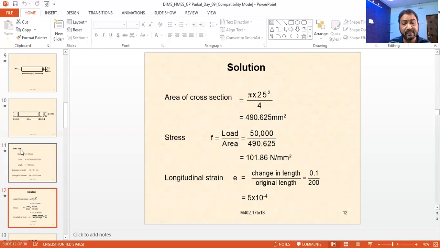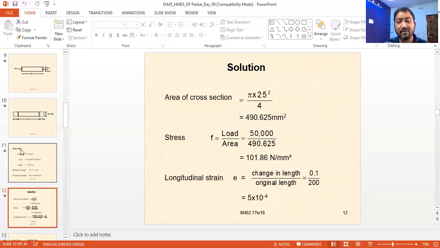Now coming to the solution. First of all we have to find the area of cross section. We know that area of cross section is equal to pi by 4 into d square. Substituting d is equal to 25, the area is 490.625 square millimeters. Then we have to find the stress value.